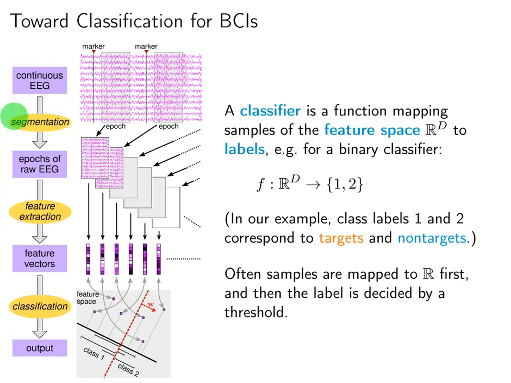Second is segmentation of continuous EEG into trials of predefined class, target, non-target, or other. We will get, as a result, epochs of raw EEG, and then from raw EEG we need to extract useful features that can be used in the classification.